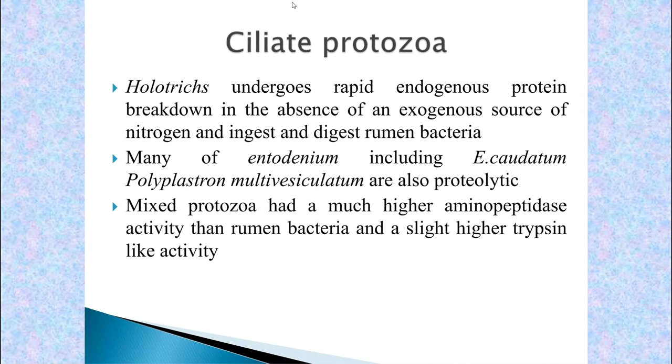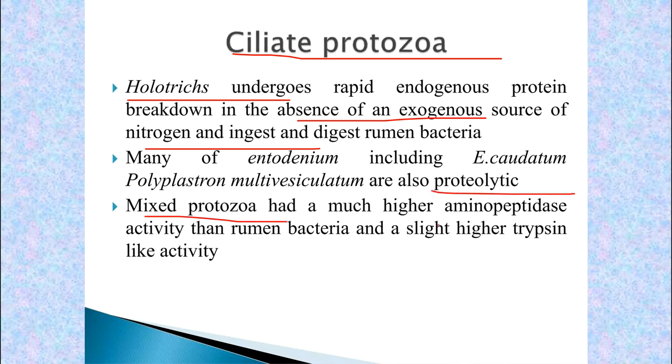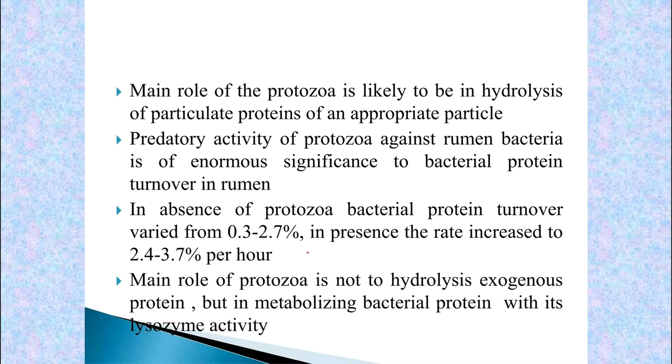Varieties of ciliate protozoa are there which break down and digest the rumen bacteria in the absence of an exogenous source of nitrogen. Many Entodinium, including different types of protozoa, are also proteolytic in nature. Mixed protozoa have much higher aminopeptidase activity than rumen bacteria, and slightly higher trypsin activity. The main role of the protozoa is hydrolysis of particulate proteins.